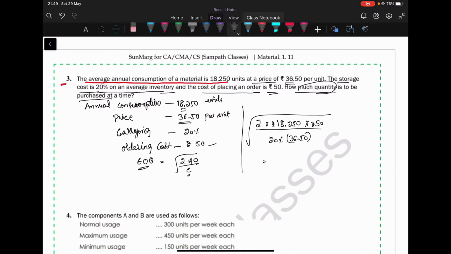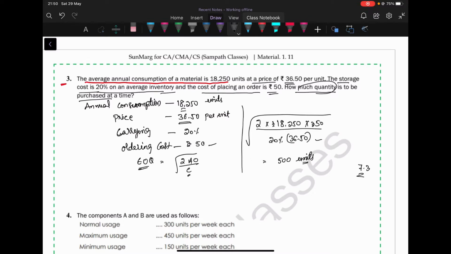So you first take the calculation for this, 36.5 into 20%, which is 7.3. In the numerator, 2 into 18,250 into 50 divided by this 7.3, under root. Directly you are getting 500 units. In the examination also you can do it like this only.